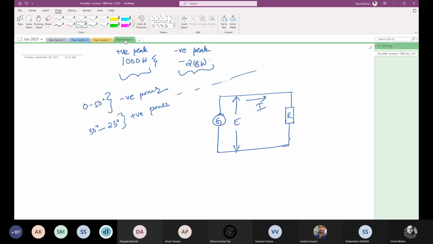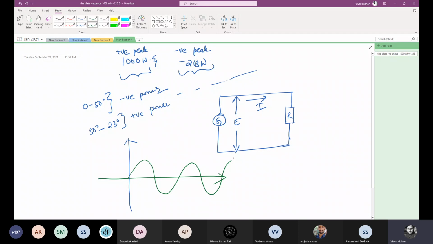Now coming to the resistive circuit. Now we'll see active power. We will define active power. So what about the voltage and current waveform here? Can anybody tell me? Suppose my voltage waveform is like this, then my current waveform, of course the magnitude is different, so I'm getting an in phase waveform, right?